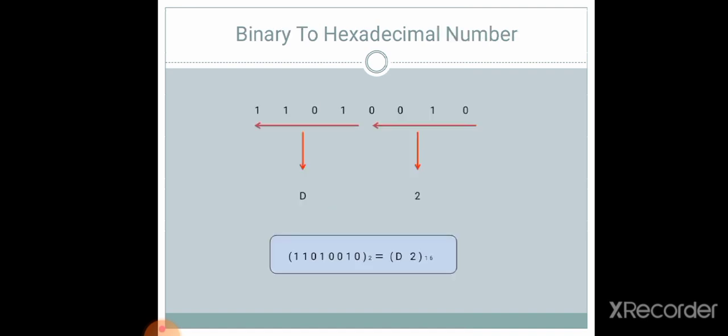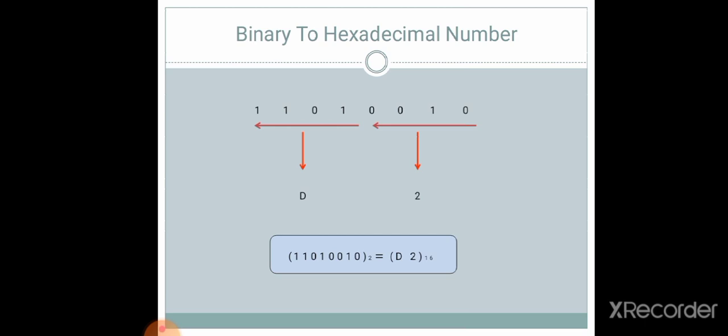So the binary number 11010010 is given on your screen, and the groups from right hand side to left hand side: the first group is 0010, the next group is 1101. Now for these 4-bit binary groups, you have to take the decimal equivalent. So 0010 is equivalent to decimal number 2, and 1101 is equivalent to 13.